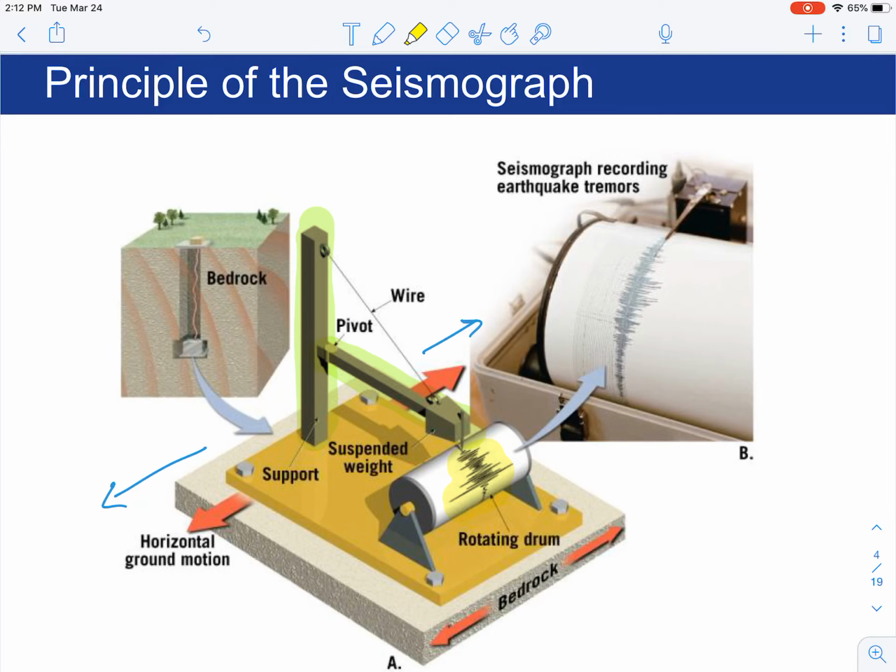So there are these seismographs all over the world that are designed to detect earthquakes in real time. So if you go to the USGS website, and actually I'll make a little short video of this as well, you can see live time or real-time earthquakes in the United States and then anywhere around the world. And as you guys know, most of these earthquakes are centered or have focal points along plate tectonic boundaries.